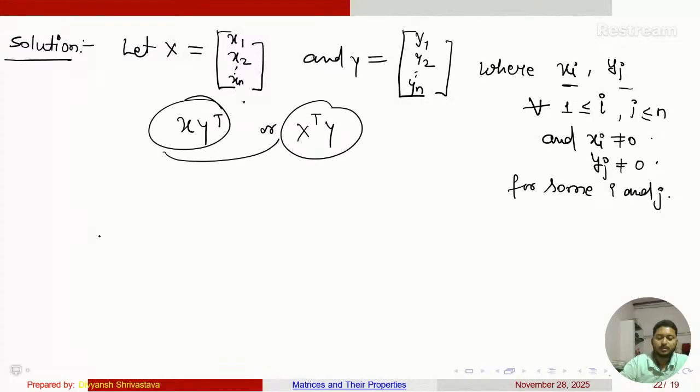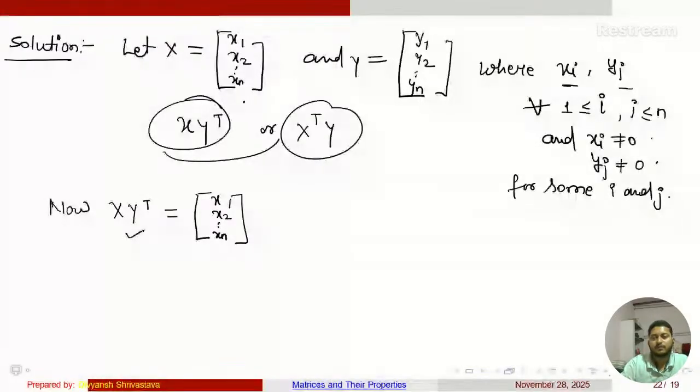Now when we multiply these two matrices, x and y transpose, it is represented like this. The matrix x is a column matrix, x1 up to xn, and y is represented in the form of a transpose, so the column matrix is interchanged into row form, y1, y2, up to yn.